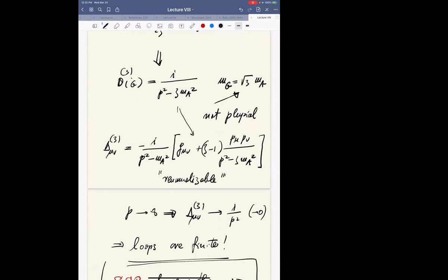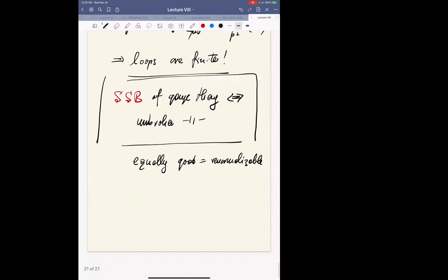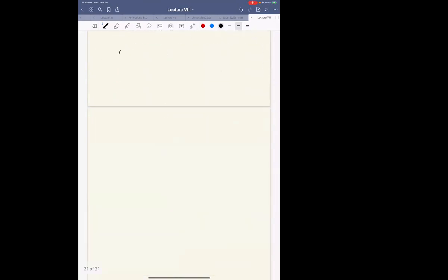It always accompanies the A propagator. So when you are computing some scattering, you see what I mean? Imagine that you are computing, I add a fermion later on, and you want to compute the fermion scattering.